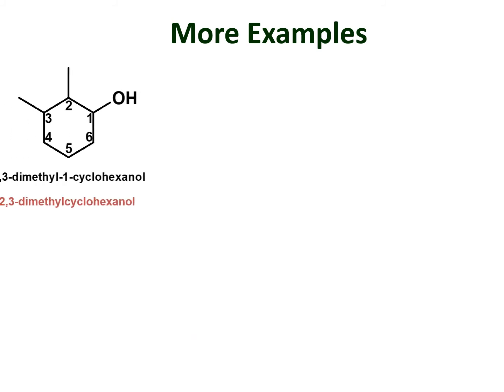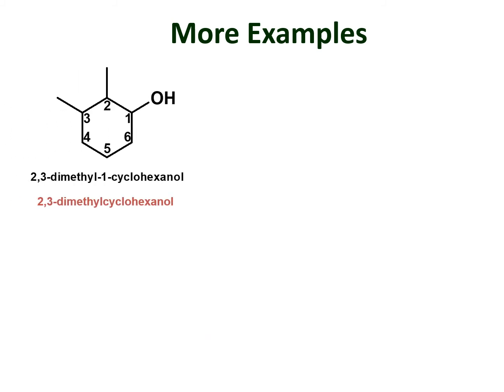Again, more examples for cyclic molecules. So first up, we again have a 6 carbon cyclic structure, which is hexane. Because it is an alcohol, it will be called cyclohexanol. And we can write 1, but most of the time it's not written, as is the case here.